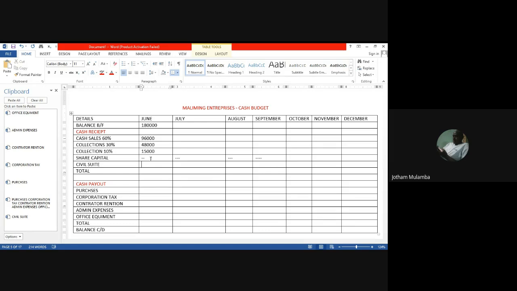Somebody to read for us the additional information on civil suits. In October 2016, the company is due to receive 20,000 as compensation for civil suit. So that means we can also close and deal with it once we get to October. So we now total and add all those monies together.